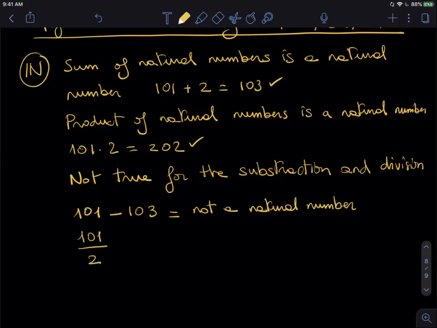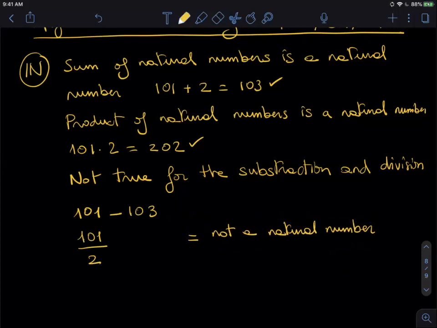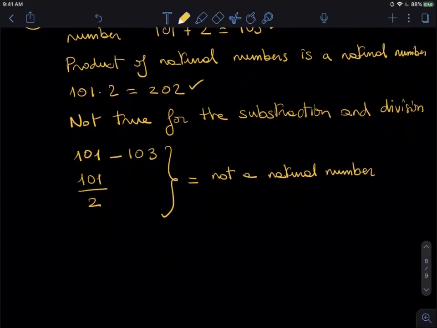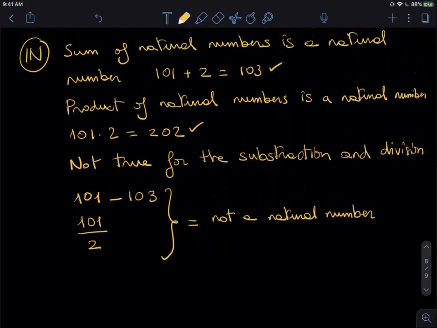This is also not a natural number. You may be thinking, yeah, but that's a rational number, but that is a different set. Here your only choices are the natural numbers, whole numbers. So what happened here? The sum is okay, the product is okay, subtraction and division not okay.